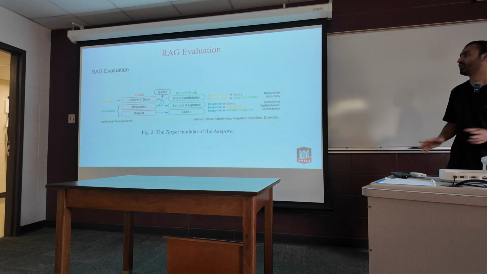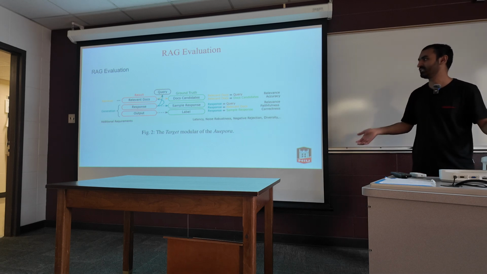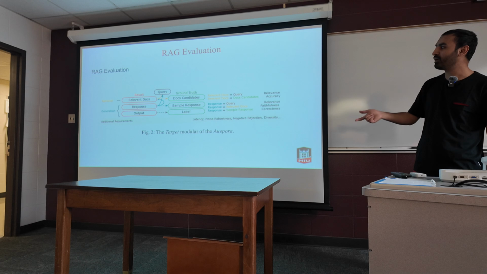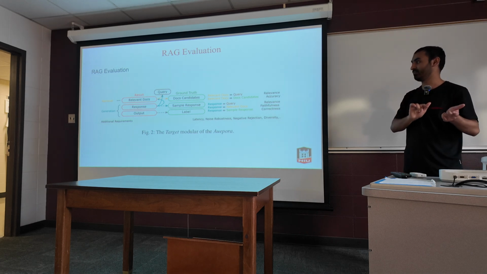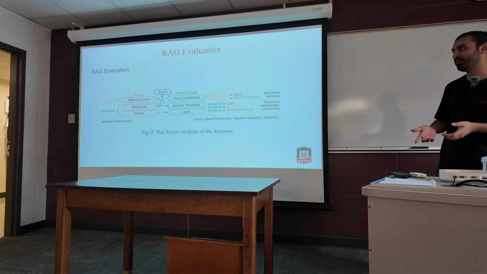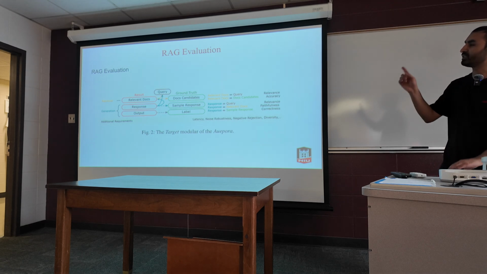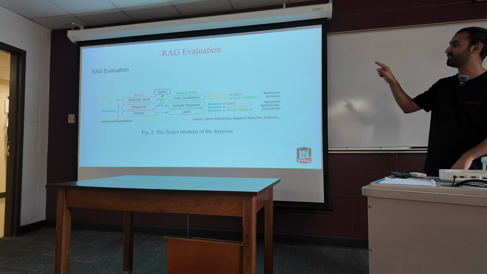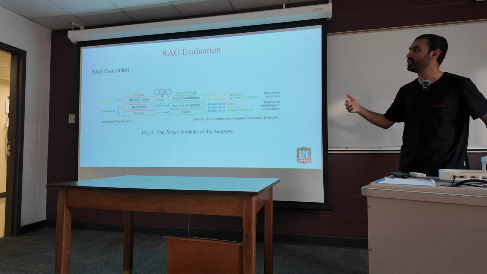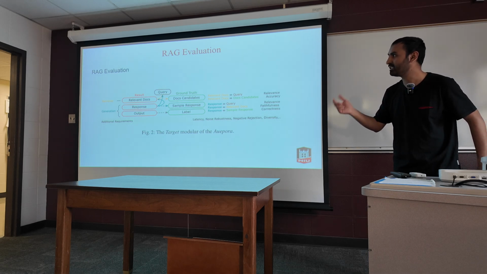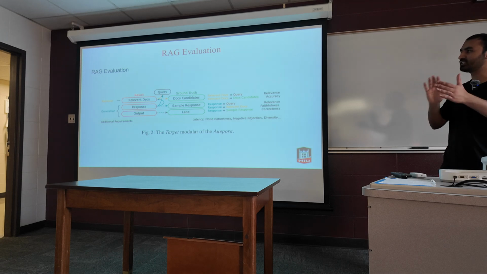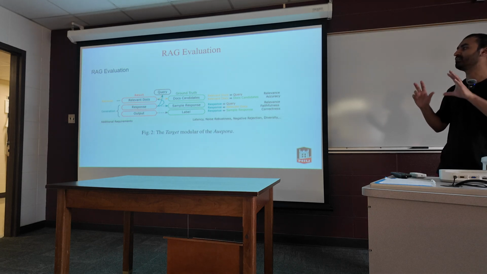We can say docs candidates is the vector database. Sample response is the input of the LLM, and label is the labeling data, if there is any. On the left side, the result is relevant docs, where we get some information from the vector database, and the ground truth is the vector database itself. This is one evaluation system.